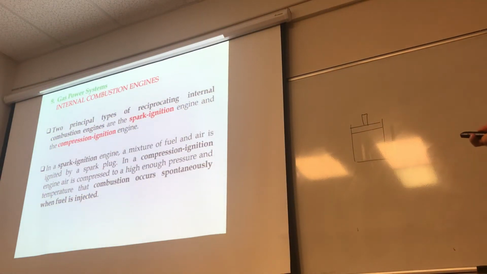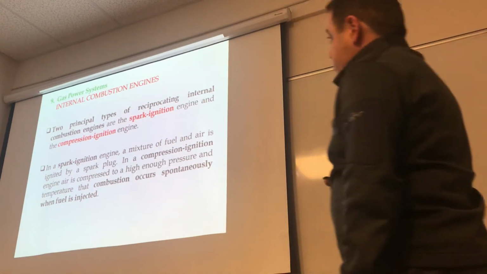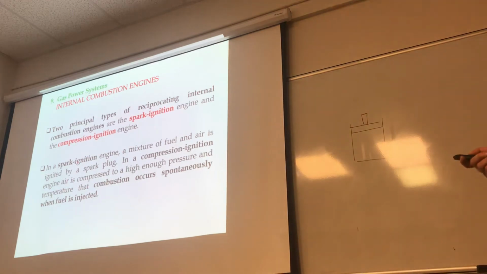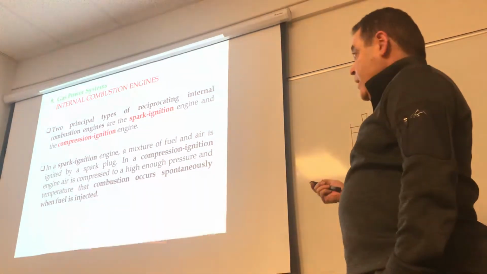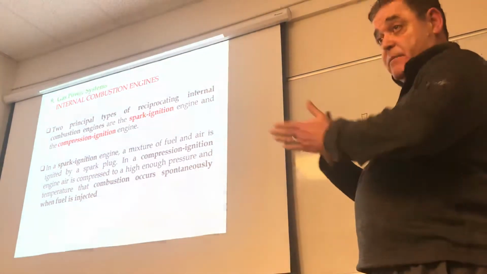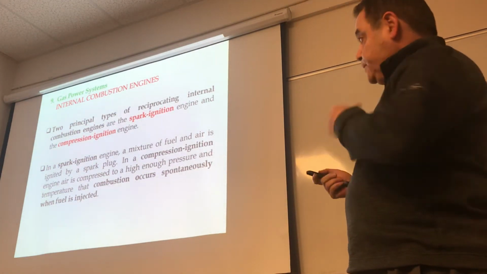When we talk about combustion engines, we have engines of the spark ignition type or the compression ignition type. So this is a typical gasoline engine versus the typical diesel engine. In the spark ignition, a mixture of air and fuel is ignited by a spark plug. So you need to have a spark to create the combustion. Whereas in compression ignition, you get spontaneous combustion just by virtue of the pressure.